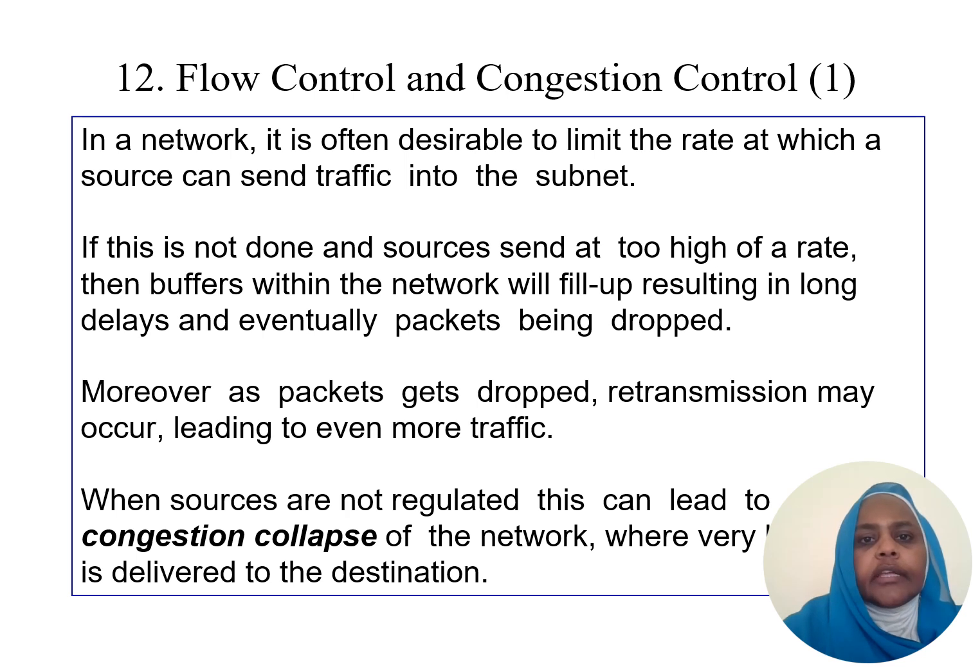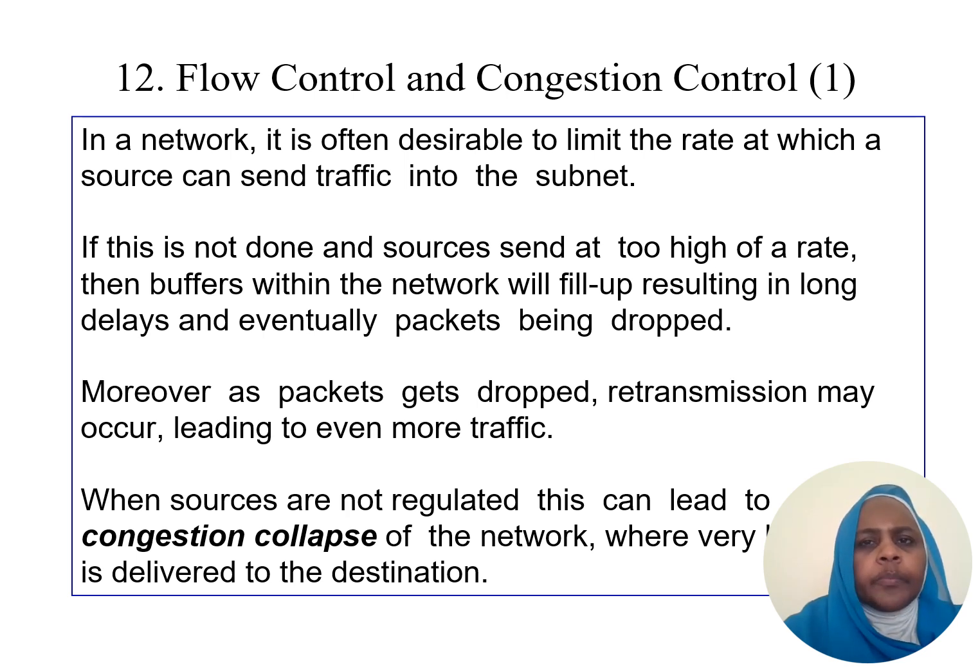In a network, it's often desirable to limit the rate at which the source can send traffic to the destination. That's because we don't want to overwhelm the network with a very high rate of segments that can fill up the buffers within the network, leading to long delays and eventually packets being dropped.